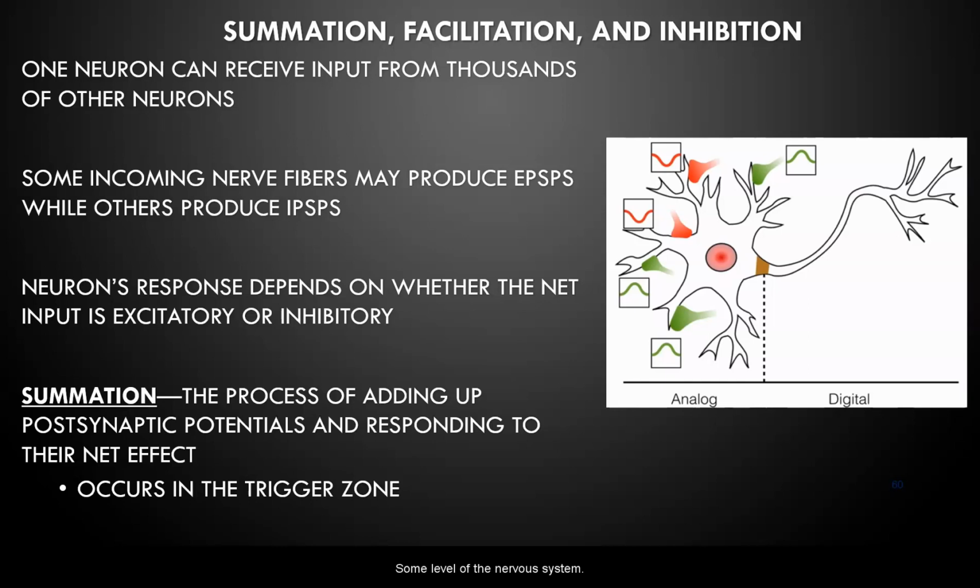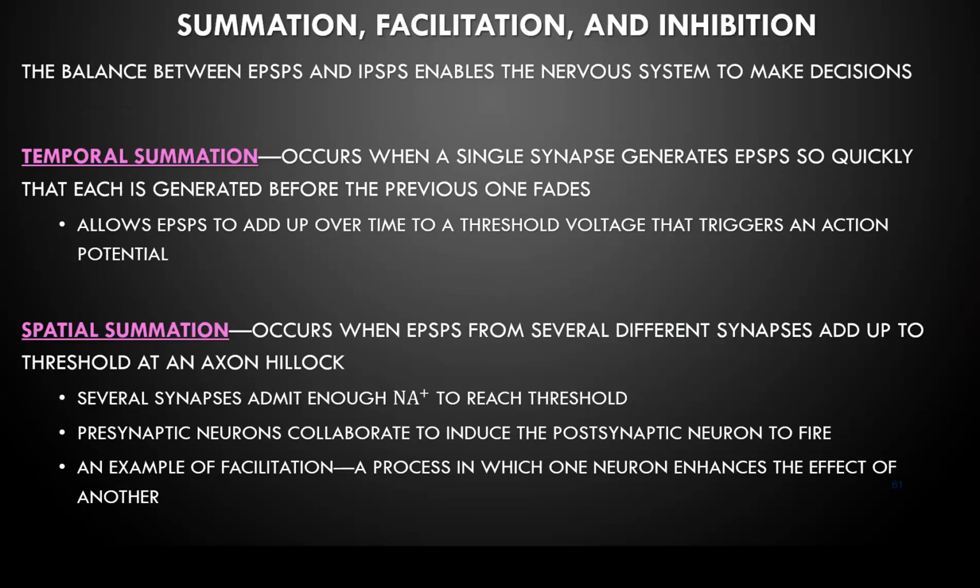Because at some level of the nervous system, the IPSPs prevail and inhibit you from jerking your hand away really quickly. Because at some point in the nervous system, you have learned that this is not going to burn you. It's not going to hurt you, and so you can keep your hand on it. It's really quite interesting.